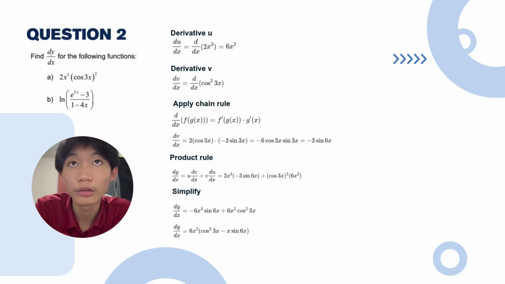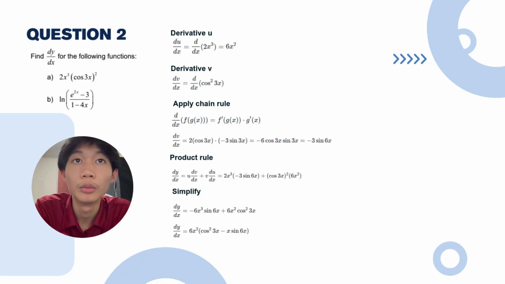du over dx equals d over dx of 2x cubed. We differentiate it and it becomes 6x squared. For the derivative of v, dv over dx equals d over dx of cos squared 3x. Next, we need to apply the chain rule.